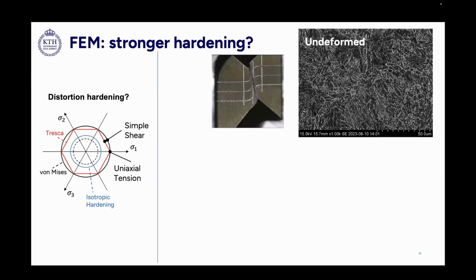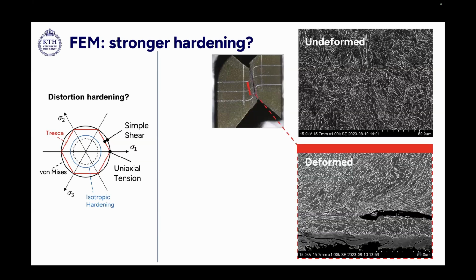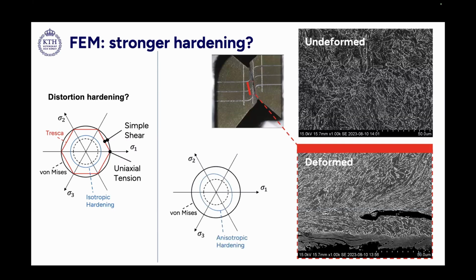Another theory we have: if we look at the microscopic grain structures of the material after large deformation, you can see how the grain structure gets really deformed and elongated. And what happens here is that instead of the yield surface growing isotropically, we have an anisotropic growth of the yield surface that, for instance, can lead to Hill's yield surface.